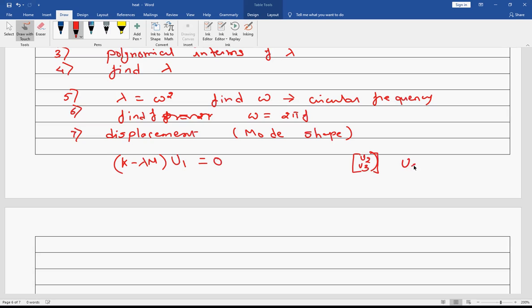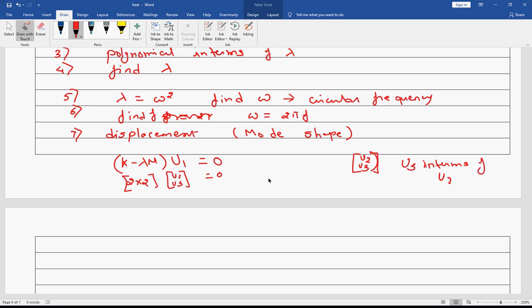So what you get is u3 in terms of u2, because this matrix will be 2 by 2 and you can use the first equation.